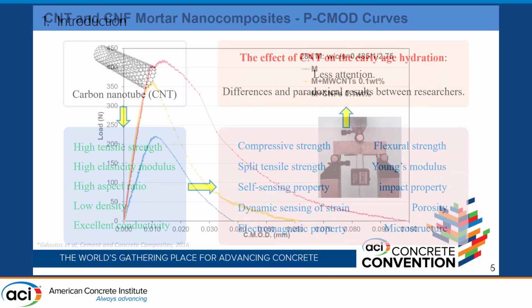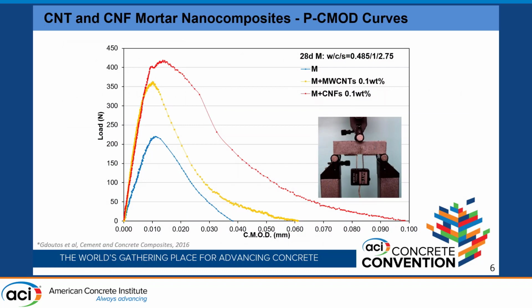But just to show you an example of what CNT can do on the hardened property, here is some work that Professor Consta and I have done using a very small amount of carbon nanotube. These are 0.1% and very well dispersed. There was a discussion of dispersion in the last presentation.